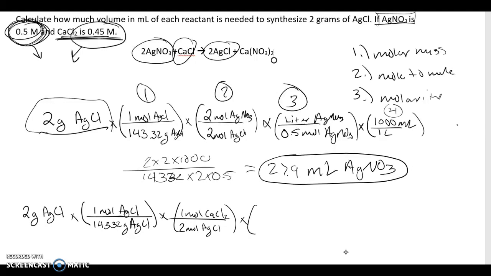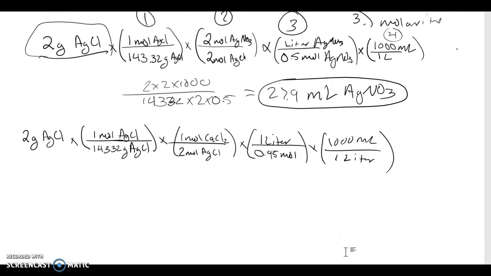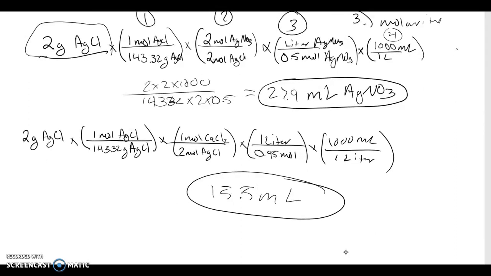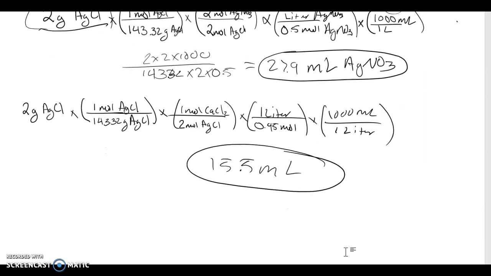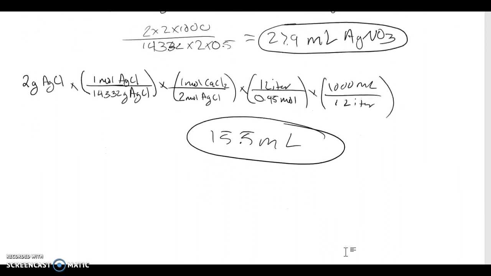Last thing is your molarity. So what is the molarity of your solution? You have 0.45 moles in every 1 liter of solution. Okay, good. And then the last thing is you can convert this to milliliters. All right, when you do the math for that, you should get 15.5 milliliters.